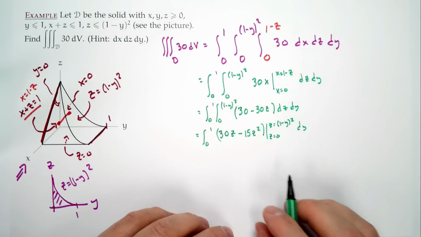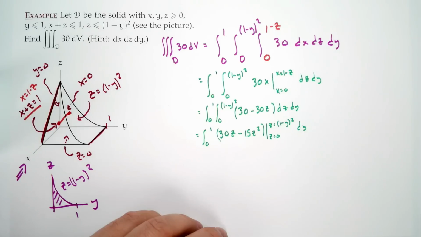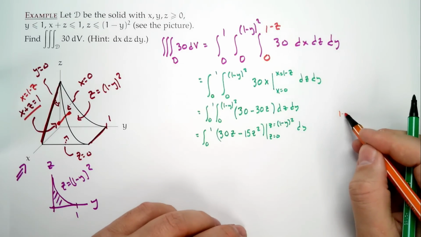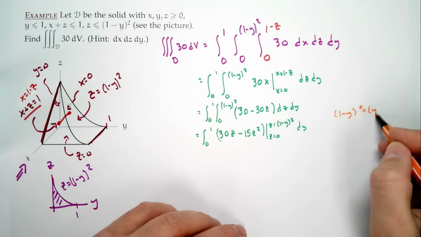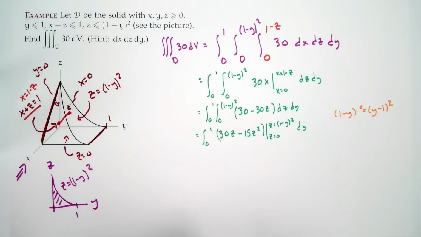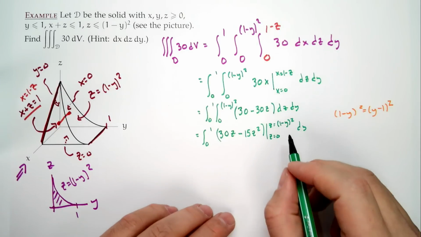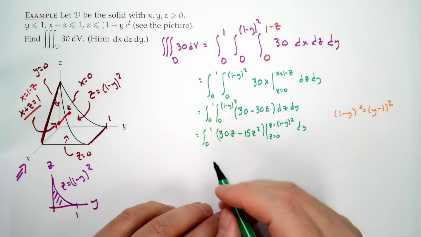Now, what is that? I'm going to make a little note to the side here, which I think is going to help me. 1 minus y quantity squared is the same as, this is totally true, you can check it out, y minus 1 quantity squared. And so I can replace 1 minus y by y minus 1, and the square does that for me.